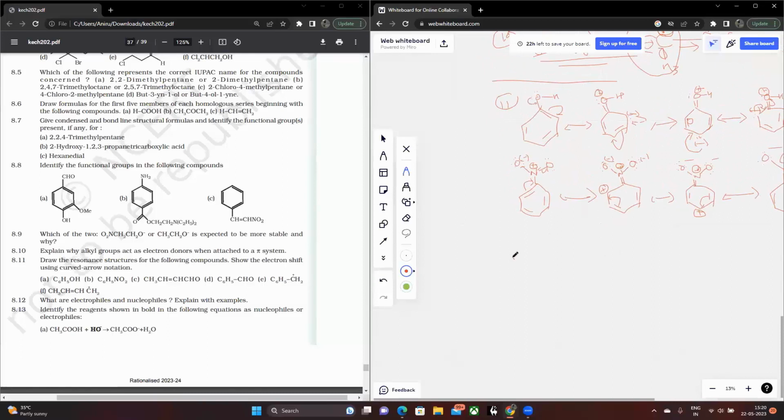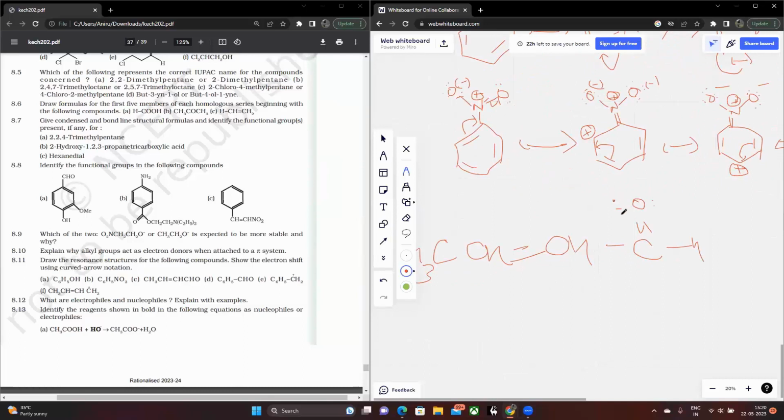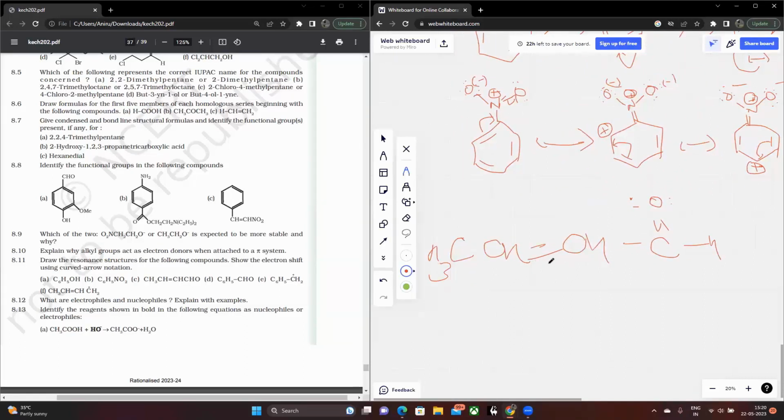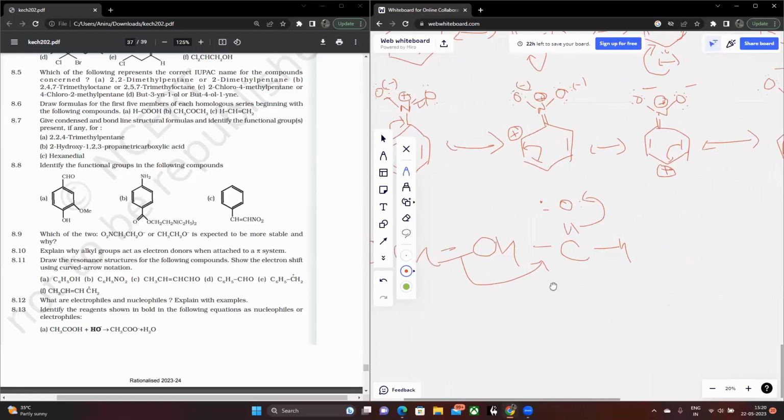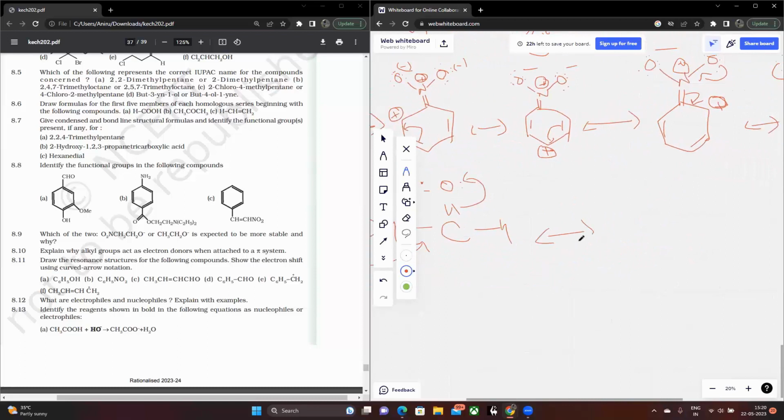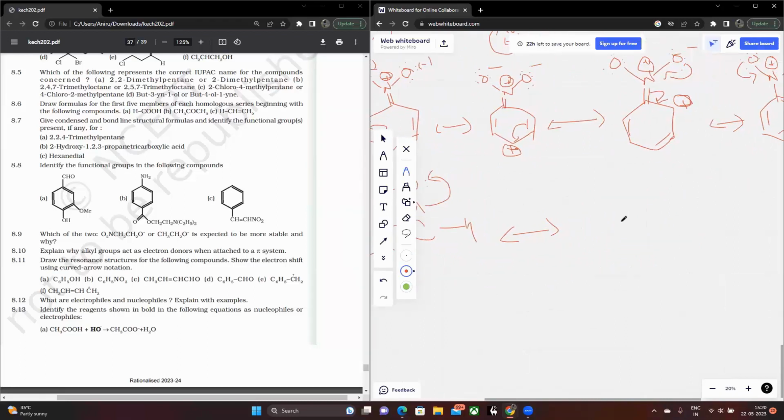And then C, you have CH3, CH, double bond CH, single bond C, double bond O, single bond H, right? And on O, you have 2 lone pairs, right? The only thing that can happen here is this pi bond shifting over here because O is electronegative and can support a negative charge on that O, right?